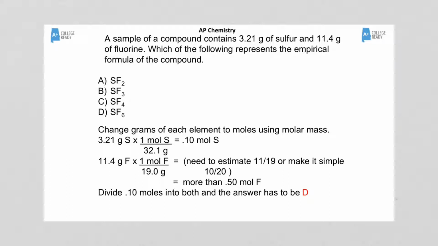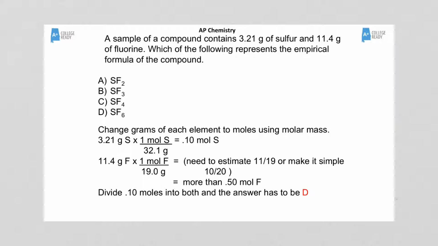So if I rounded down 11 grams of fluorine to 10, and then rounded the molar mass up, again, 11.5 or 11.4 over 19 is a little bit more than half. So I know that when I do this math, the answer that I would get, as you see I didn't give you a specific answer, I just said it's got to be more than 0.5.